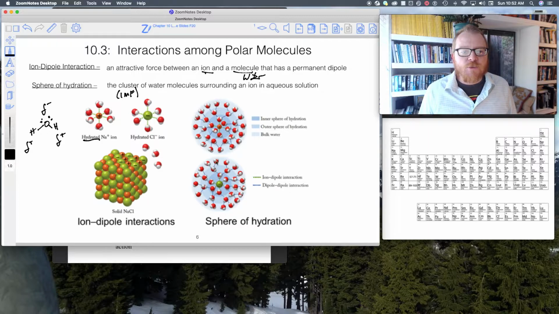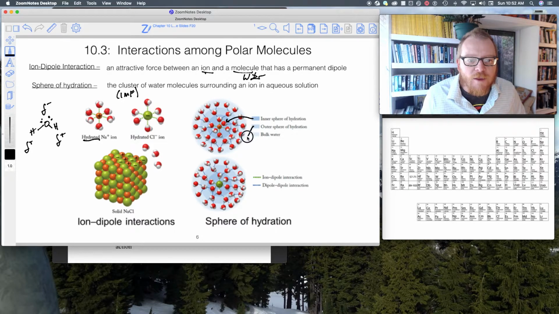Okay, so now as we imagine here, this simple network of molecules creates our inner sphere of hydration, okay, which is indicated here by this darker blue color, okay? We would have an outer sphere of hydration, which is the water molecules that are interacting with the water molecules that are interacting with the ions. And then finally, we have what we would just call bulk water.